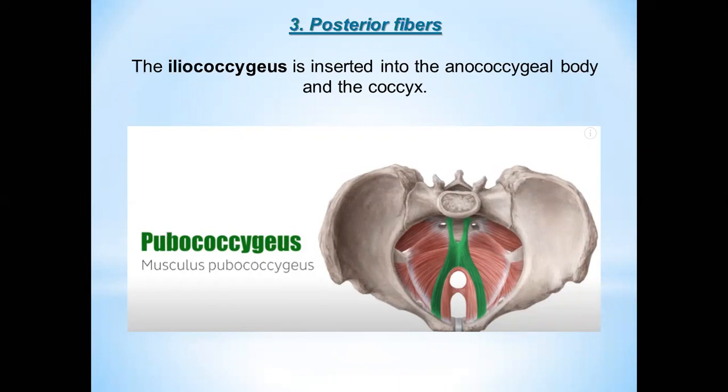But then the iliococcygeus will get inserted into the anococcygeal body and the coccyx bone. This coccyx bone is lying below, so it's not clearly seen here, but that is the insertion point of these posterior fibers.